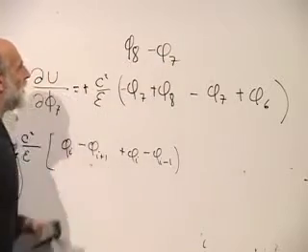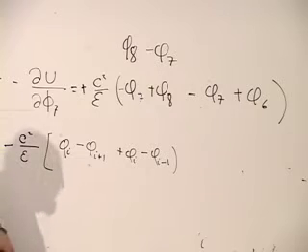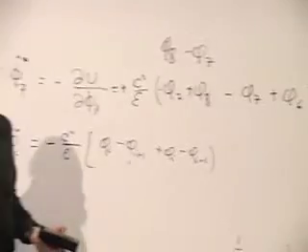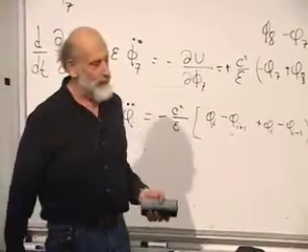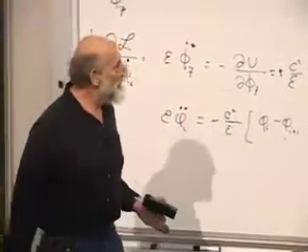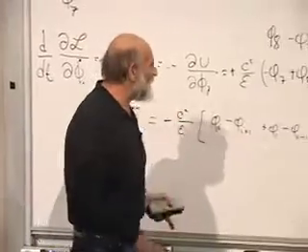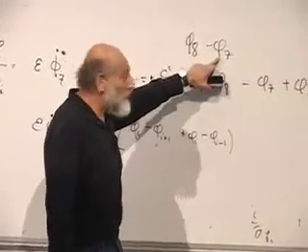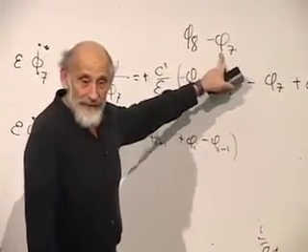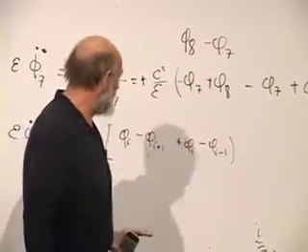What do you think is going to happen to this phi 8 minus phi 7 when we try to take a limit in which it becomes continuous? What happens to the differences when you shrink the gap between things? Well, indeed they go to 0, but just before they go to 0, they're proportional to the derivative of phi. Right? Differences become derivatives. All right, we'll keep that in mind.